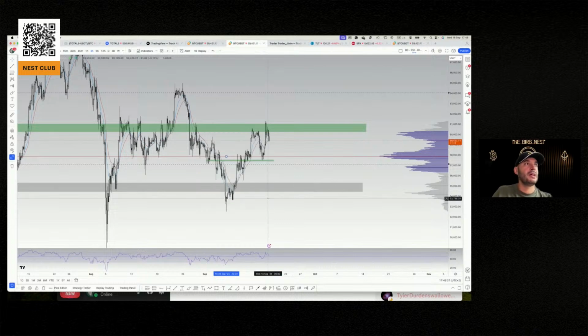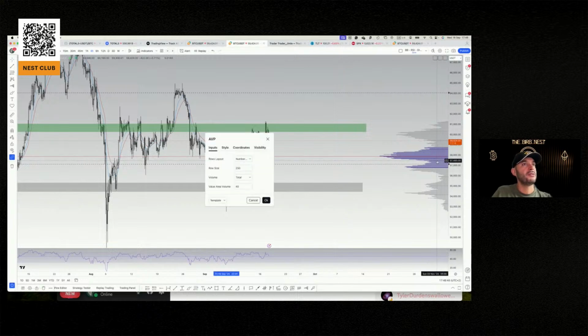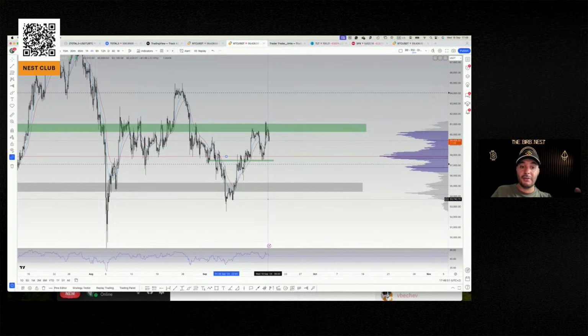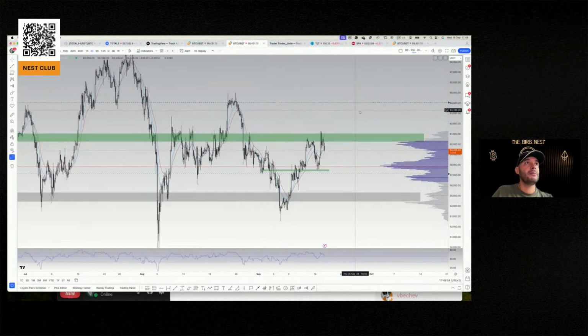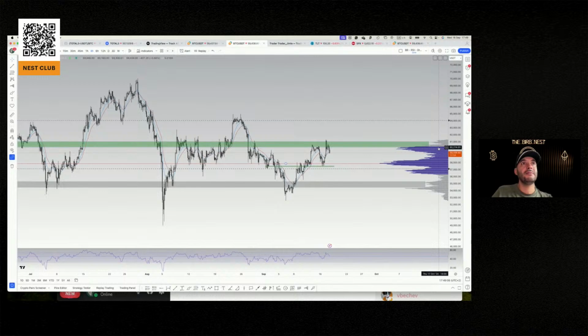I haven't played with that. But hey, if it works for you, then it works for you. And if you find more benefits by adjusting the value area to 40, let me know. Happy to expand my own knowledge.